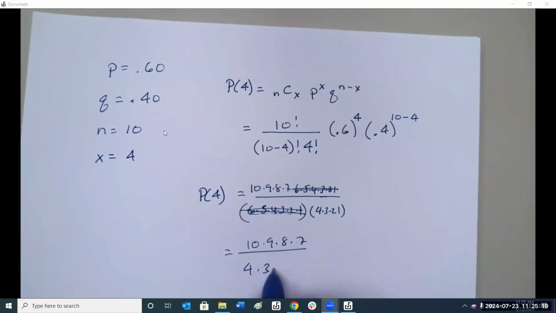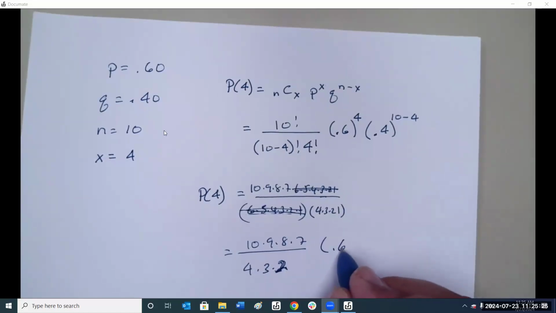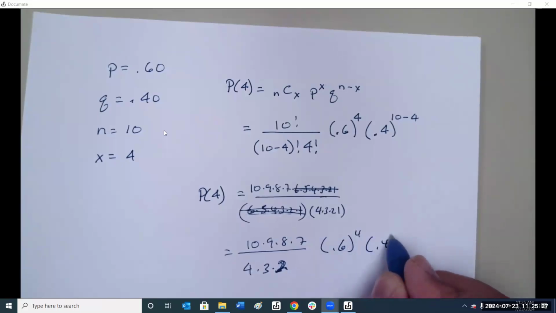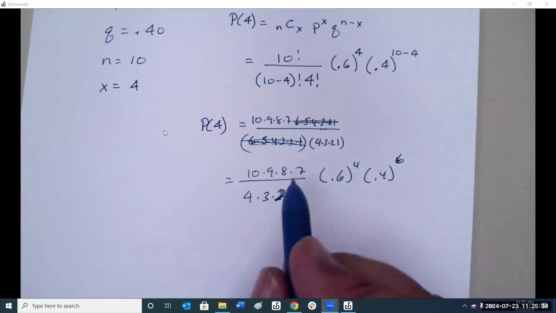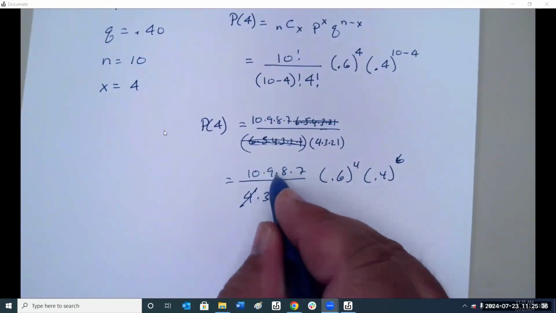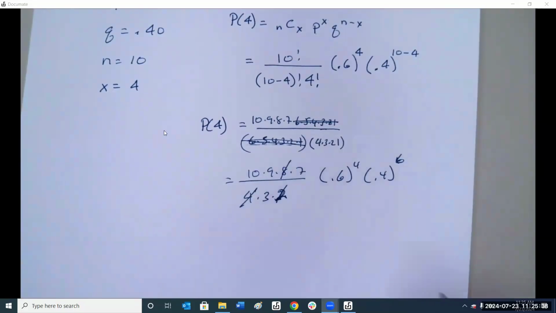On the bottom, we have 4 times 3 times 2, of course times 0.6 to the power 4, 0.4 to the power 6. 4 times 2 is 8, which cancels with the 8 on top.